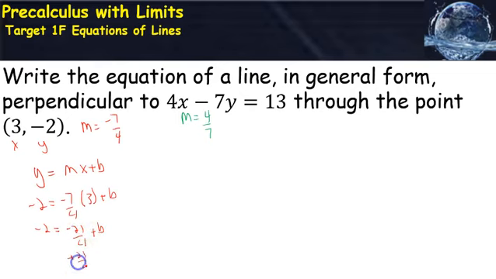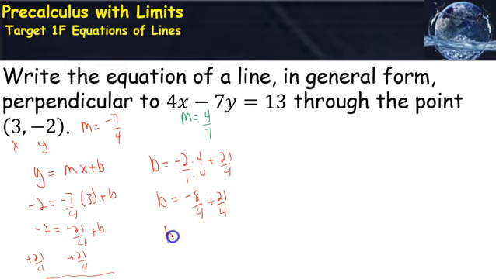I'm going to add 21/4. I'm in another room here, but I get b is negative 2 plus 21/4. So put that over 1, my common denominator is going to be 4, and I have negative 8/4 plus 21/4. And 21 minus 8 is 13, so it looks like 13/4.